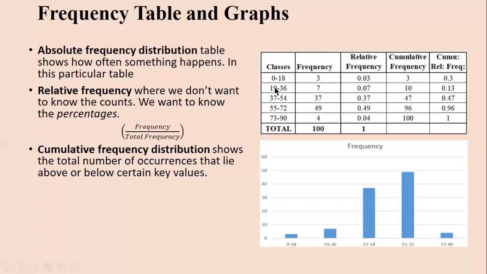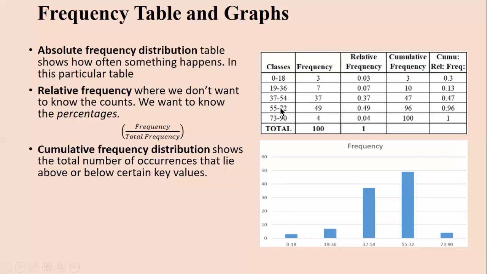So the first two classes have 10 observations. So we got 3 plus 7, and we got the cumulative frequency. Similarly, when the third class is added, 37 more observations are added to this 10. So we can see that the above three classes contain 47 digits.